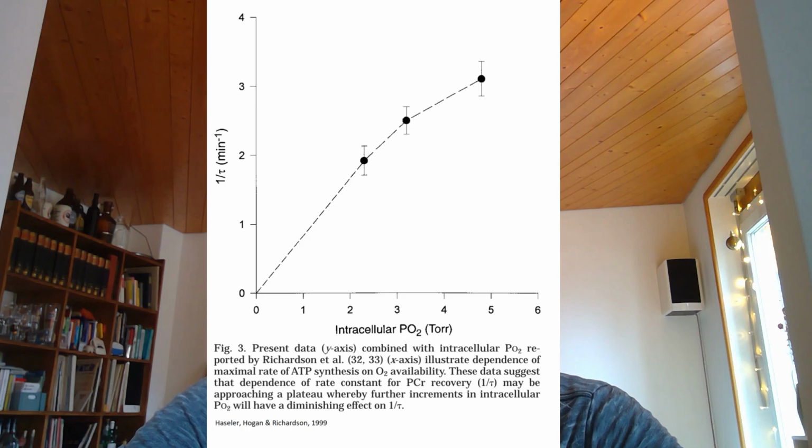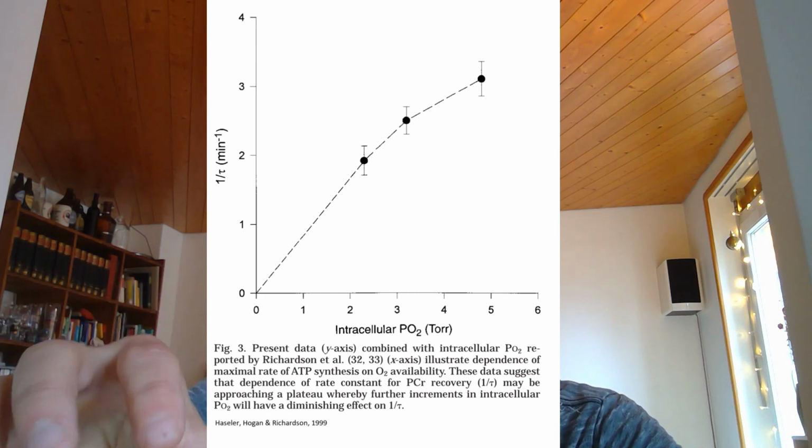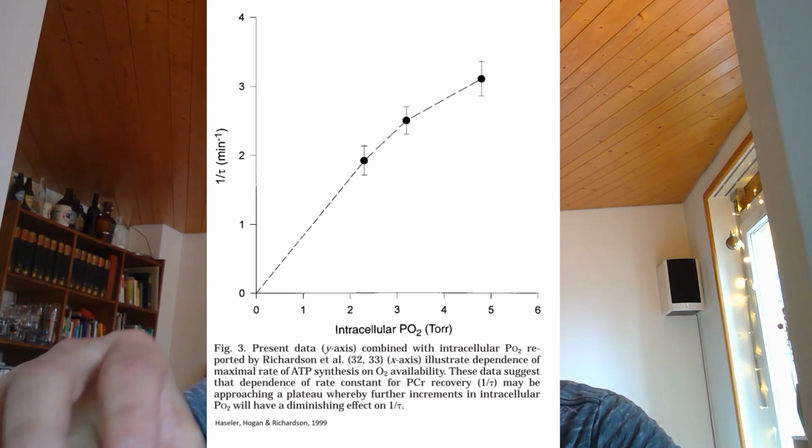What's interesting in the second one is the time constant. The time constant of recovery, which is the y-axis here, is very much linked to your intracellular PO2, so your oxygen pressure in your muscles. The more oxygen you have available, the higher the rate of this recovery is.